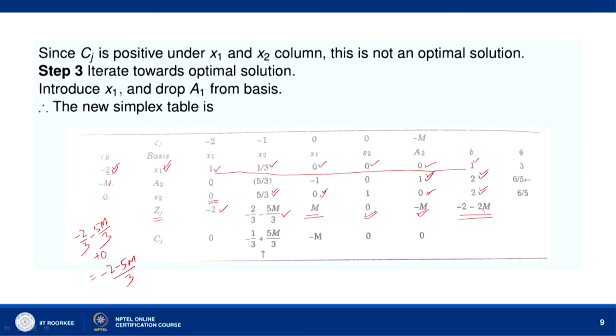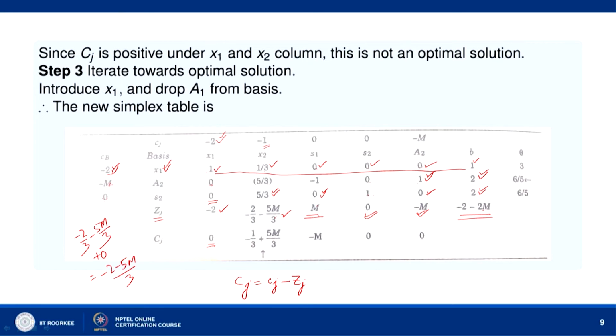Okay. Now let us find Cj minus Zj. Cj is minus 2, and when we subtract Zj, which is also minus 2, we get 0 here. Then minus 1 minus of this quantity makes it minus 1 plus 2 by 3 plus 5M by 3, so minus 1 by 3 plus 5M by 3.